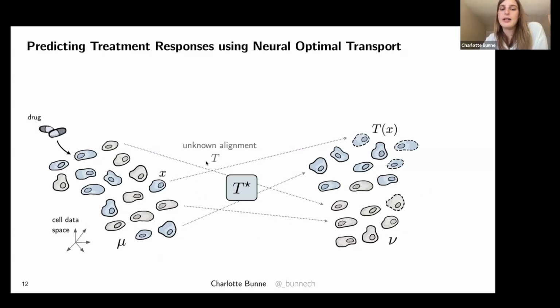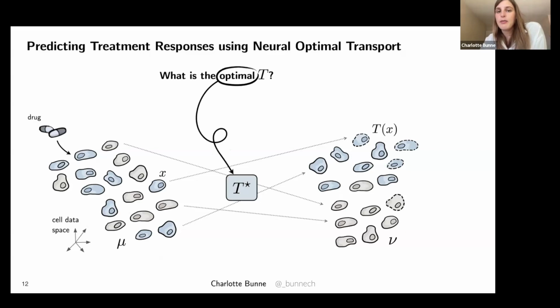So I need to find a map or an alignment that transforms my x into the perturbed state T of x. And what is the optimal map I can find, right? The optimal alignment. Here we need to make a prior assumption, because there's an infinite amount of different maps that can potentially describe the transformation of mu into nu.